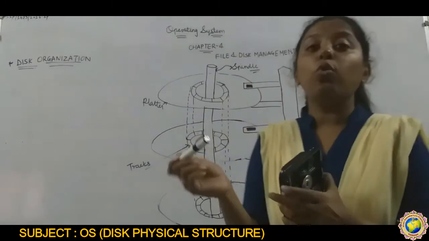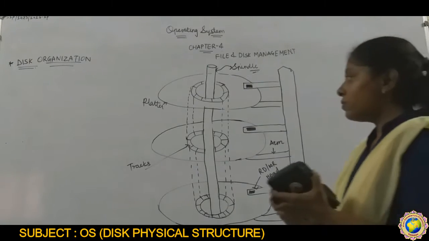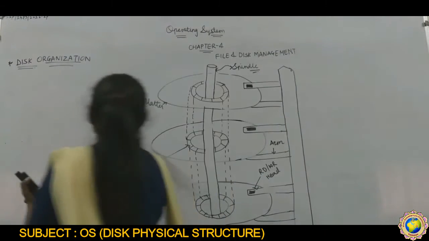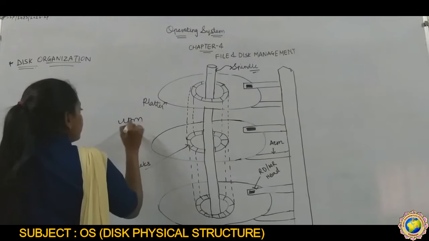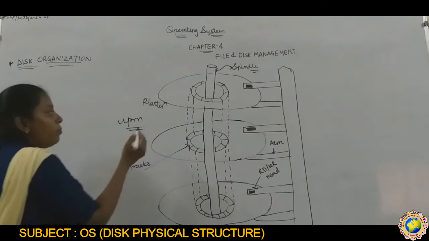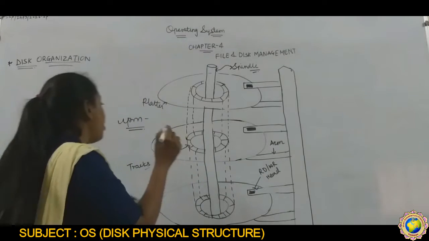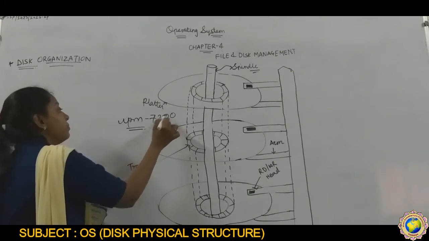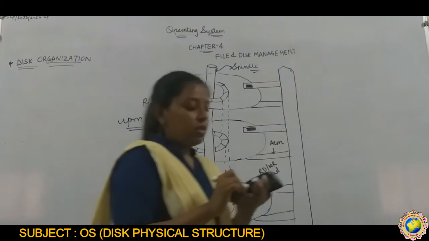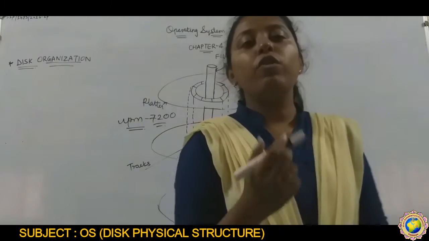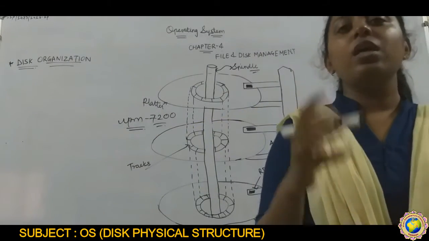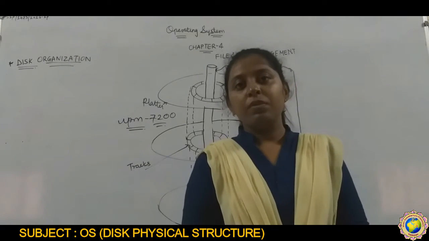RPM is rotations per minute. We have already seen a 1 TB hard disk too.